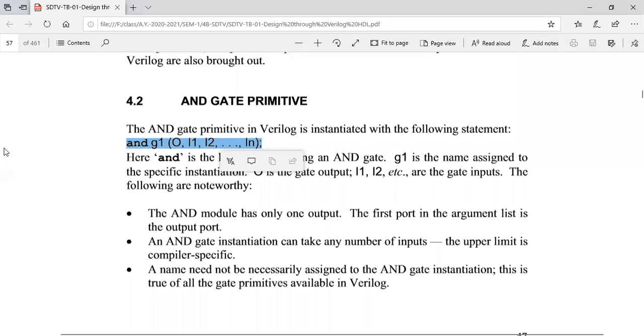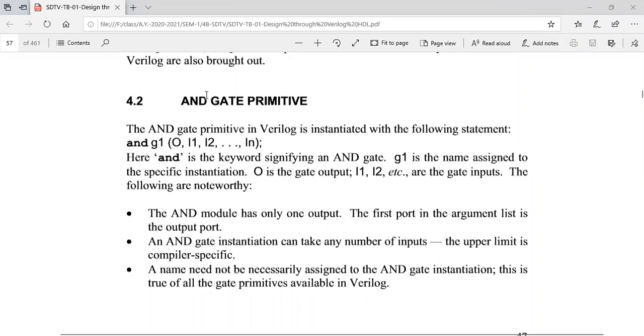We have to remember something. The AND gate has only one output. O is the output and we are using only one output. But we can have any number of inputs.